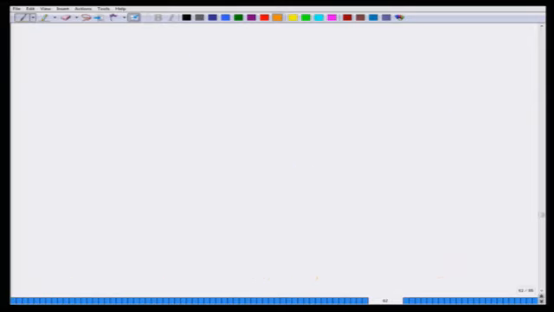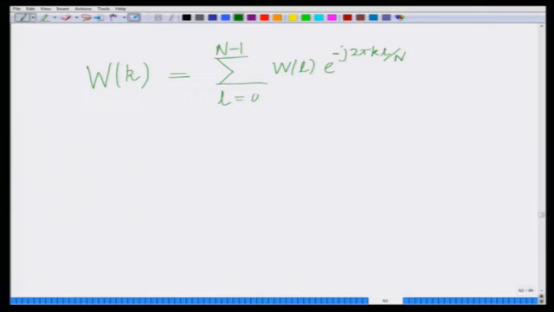In other words, the noise Wk is given as Wk equals the sum over l equal to 0 to n minus 1 of small w of l times e to the power of minus j 2 pi k l divided by n.